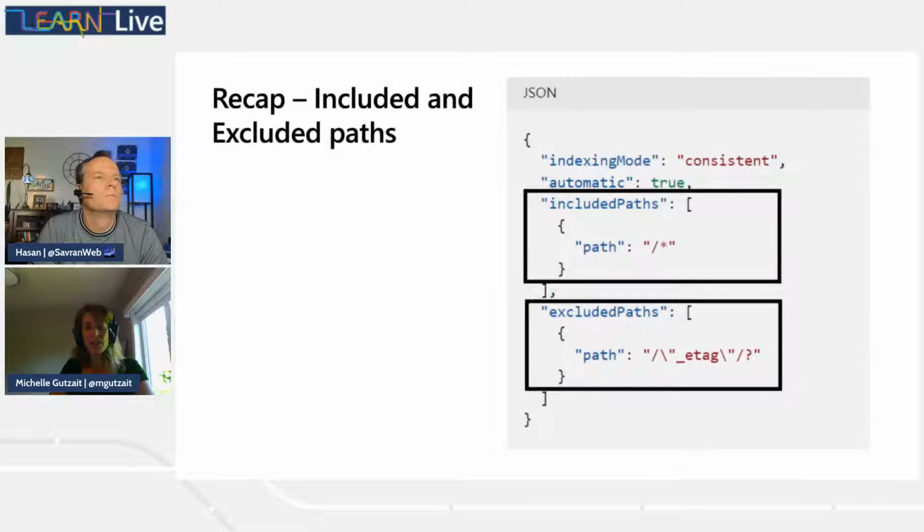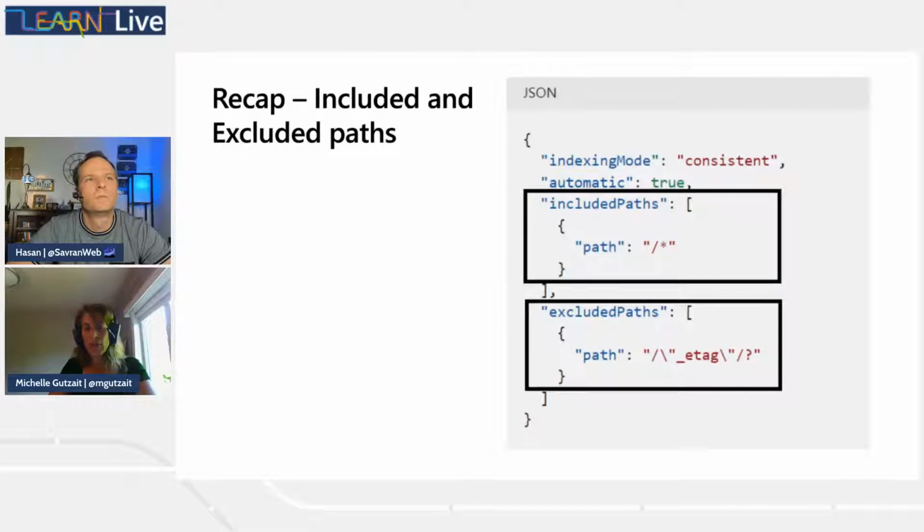So let's do just a little recap about what we said. This is an example of how you can do this through the Azure portal. You can change the index policy. This is a JSON, and as you can see, what's important for us is that you can change the included paths and the excluded paths from the index.